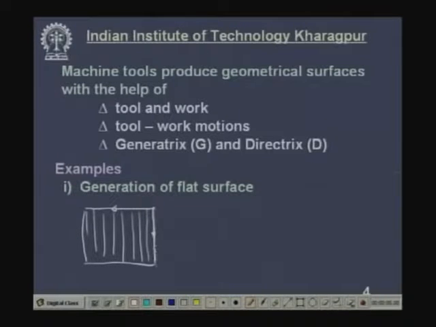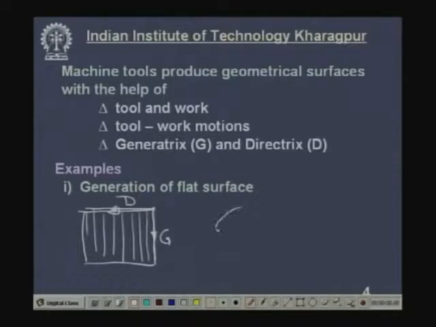This straight line or vector is called the generatrix, and the other direction along which this generatrix travels is called the directrix, simply D. This is one way of making a flat surface. There can be another method. Suppose we take a point and draw a circle on the plane, and this is the generatrix.